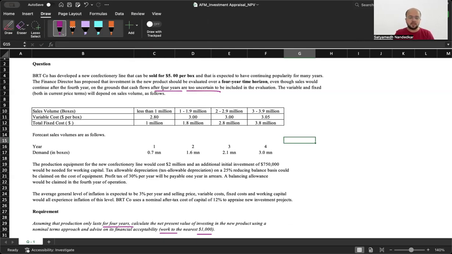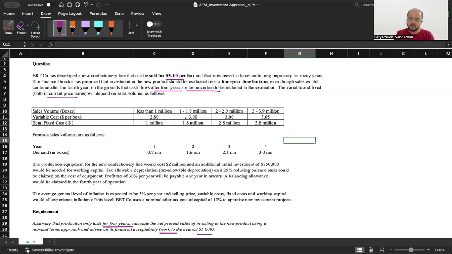Now the selling price per box is $5. Then the variable and fixed cost, both in current price terms, this is important. Current price terms means this is without including the impact of inflation, will depend on sales volume as follows. If sales volume is less than 1 million boxes, variable cost is 2.8.